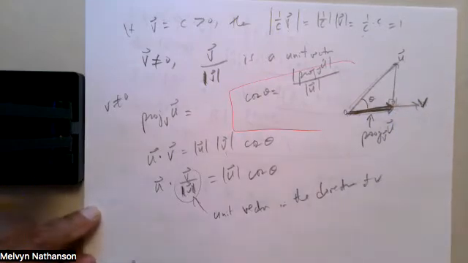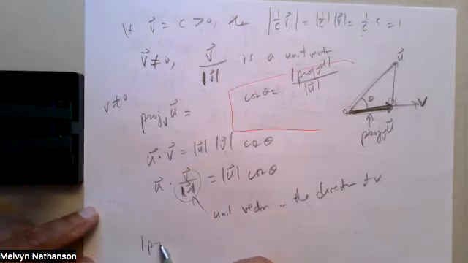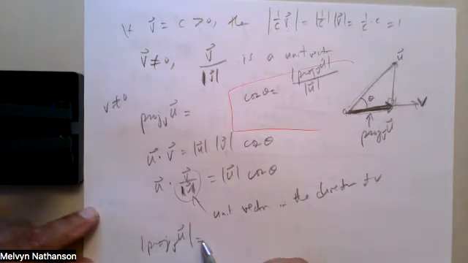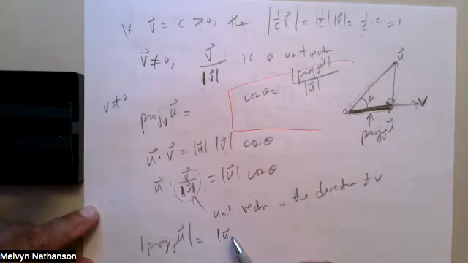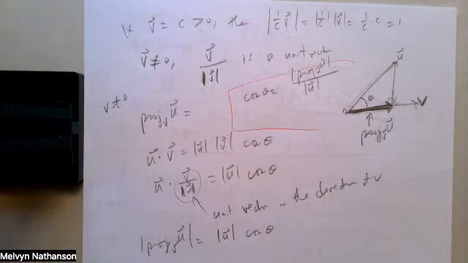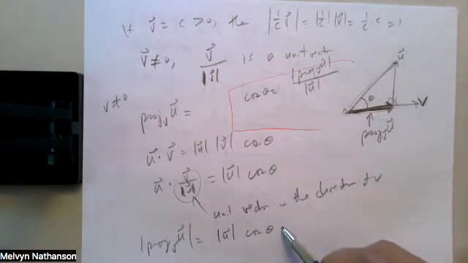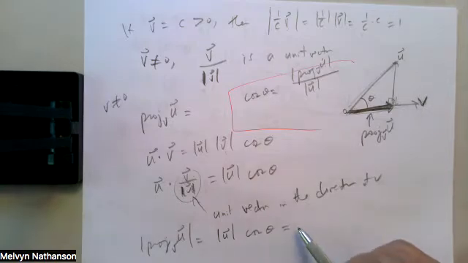So this says that the length of the projection of u in the direction v is equal to the length of u times the cosine of theta. This is exactly the same as the dot product.